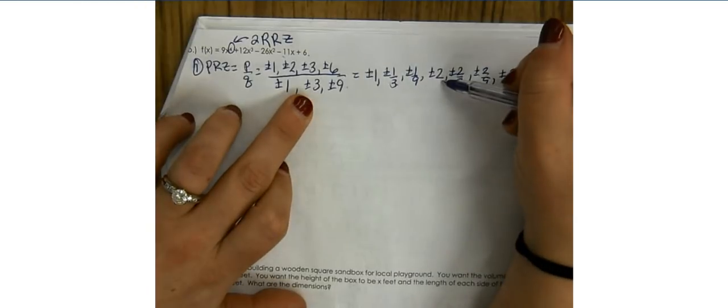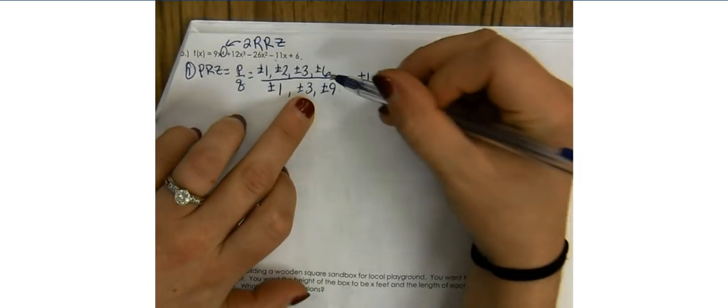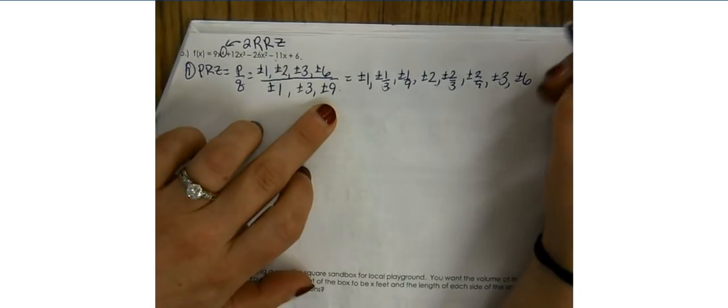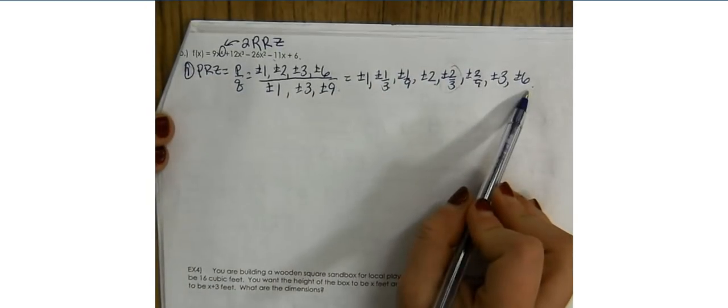So now we have plus or minus 6. 6 over 3 is 2. I'm not going to write that again. And 6 over 9 is, I'm sorry, 2/3, excuse me. And I already have that written, so I'm not going to write it down again. So all of these numbers are our possible rational zeros.